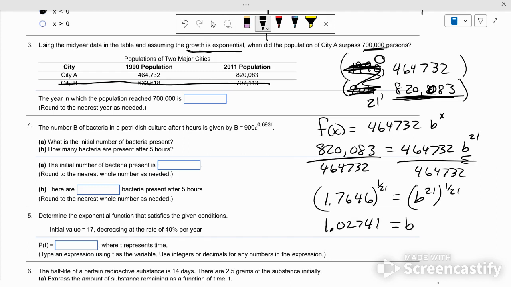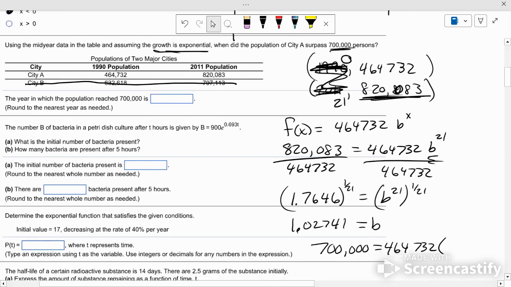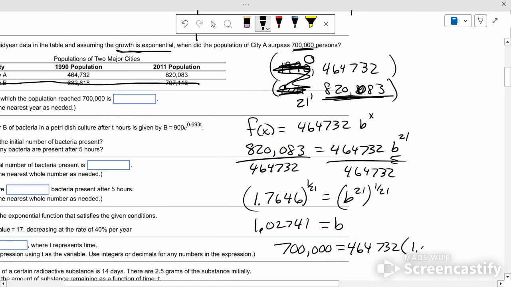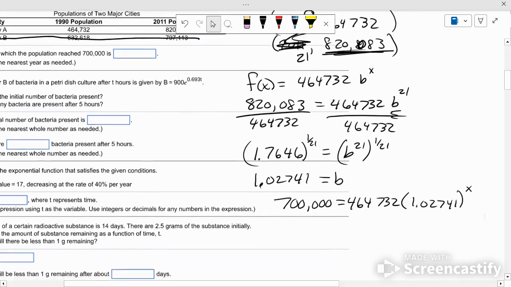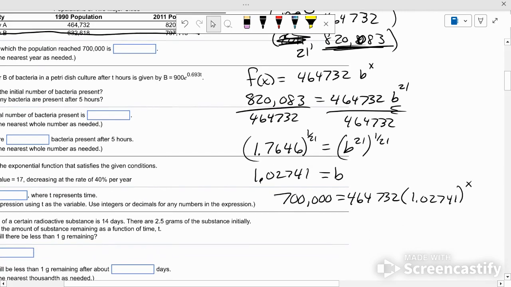So now we've got to see when the population is 700,000. So 700,000 equals 464,732 times 1.02741 to the x power. So take 700,000 divided by 464,732.